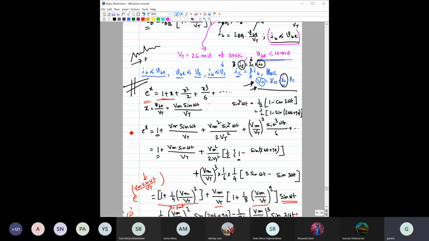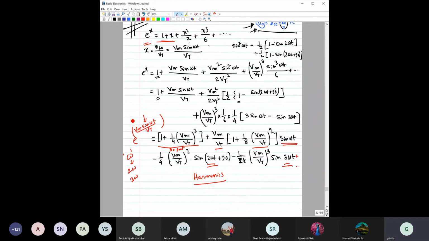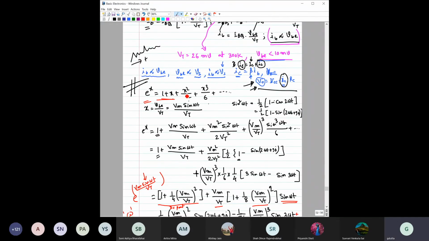So the result we are getting is not absolutely correct. Some error is involved because of our approximation. But if we are able to make this x very much less than 1, then the error would be significantly reduced.